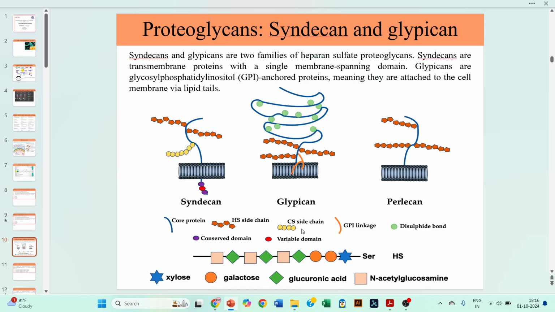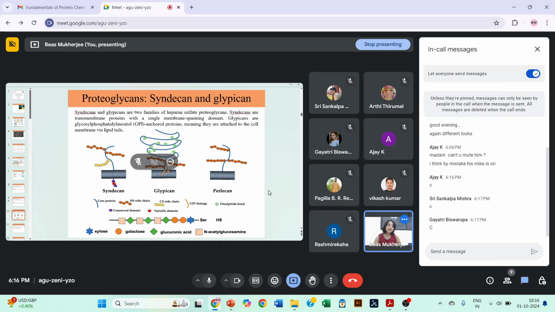Right. Now we learn more about proteoglycans. Okay. So we'll look at examples. There are proteoglycans known as syndecans and glypicans. These are 2 families of the heparan sulfate proteoglycans. Syndecans are majorly transmembrane proteins, with a single membrane spanning domain.